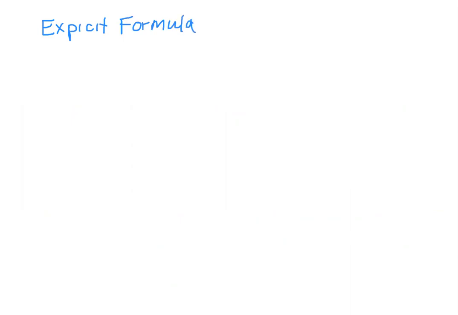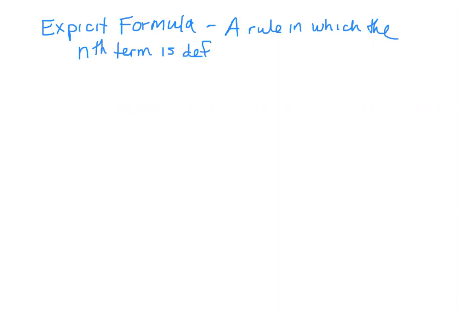Okay, an explicit formula is, remember the last type with the n minus ones, those were called recursive. These are explicit. This is a rule in which the nth term is defined as a function of n.